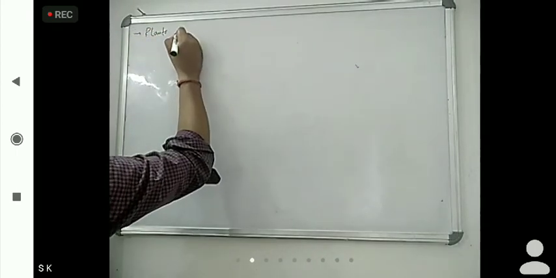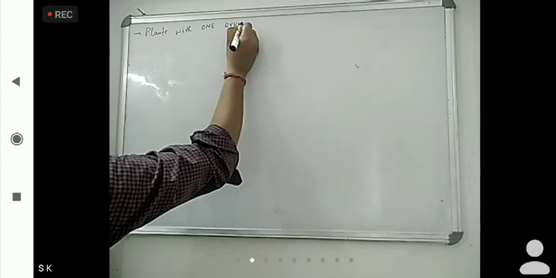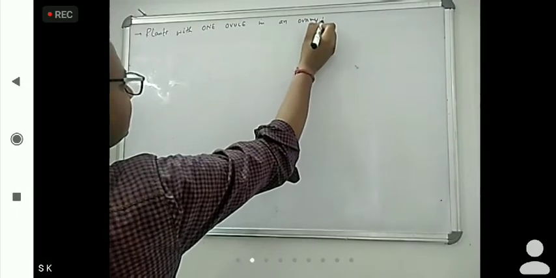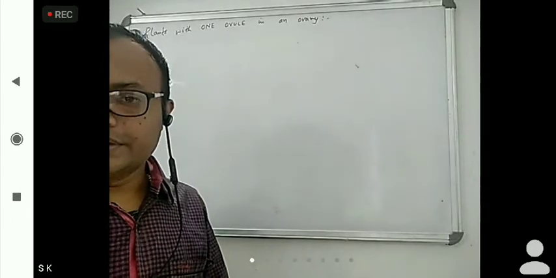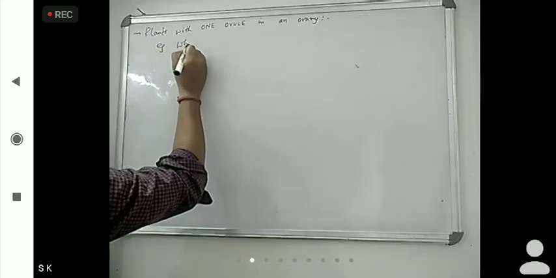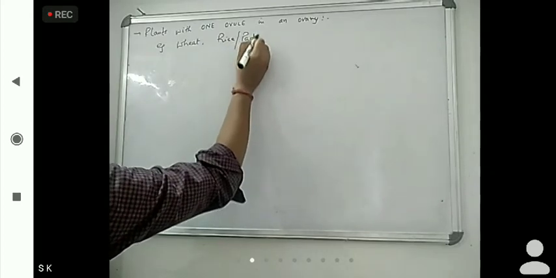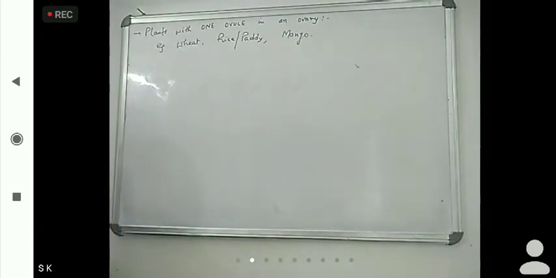You have to remember the examples: wheat, rice or paddy, or mango. So these are plants with one ovule in an ovary.